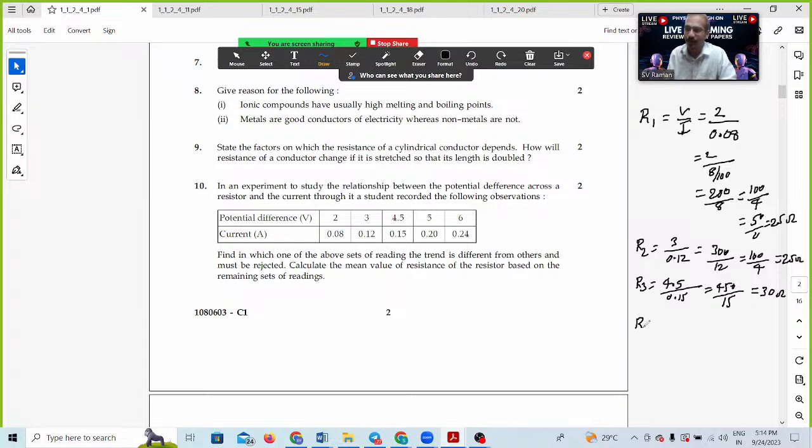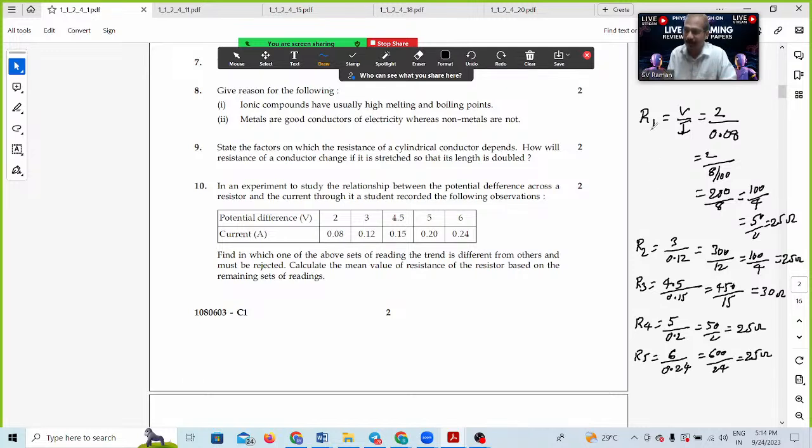Next, R4, again 5 by 0.2, which means 50 by 2 is equal to 25 ohms. Again R5 is equal to 6 by 0.24, which means 600 by 24. That is 25 ohms.